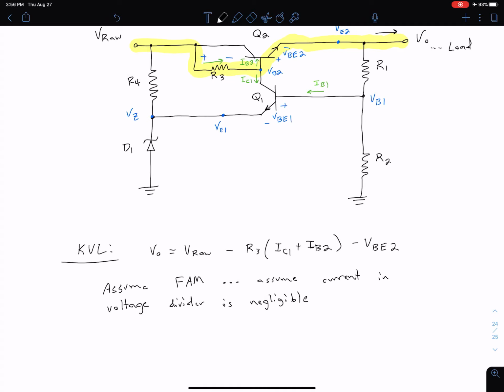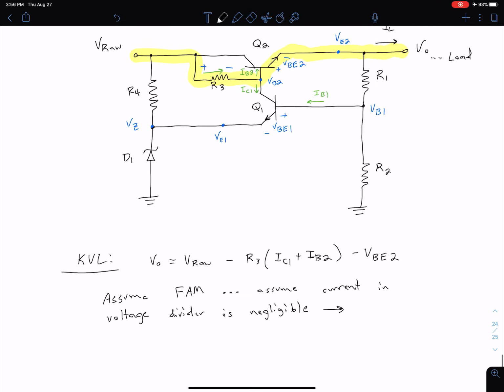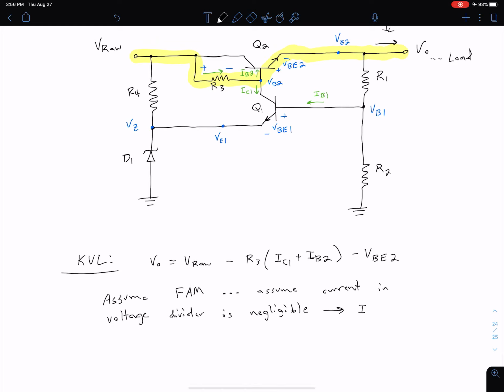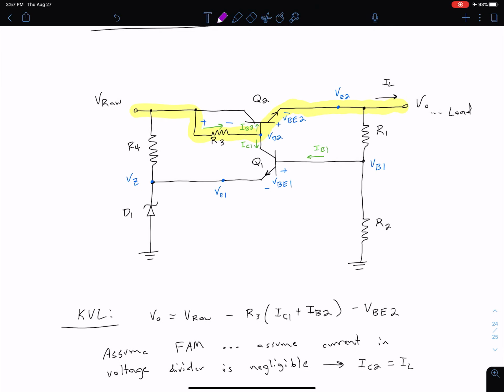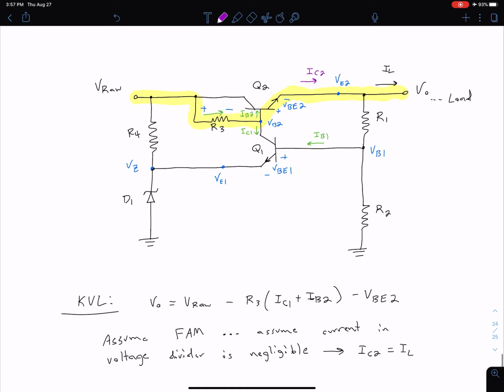What that second assumption means is that the collector current for Q2, IC2, is equal to IL, because as we come through here, this is our IE2, sorry, not IC2.